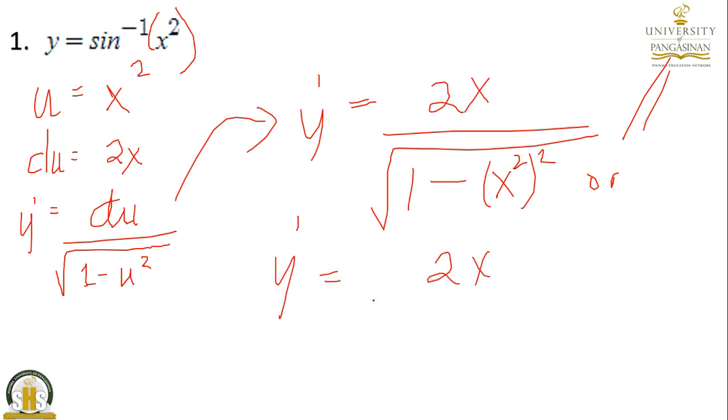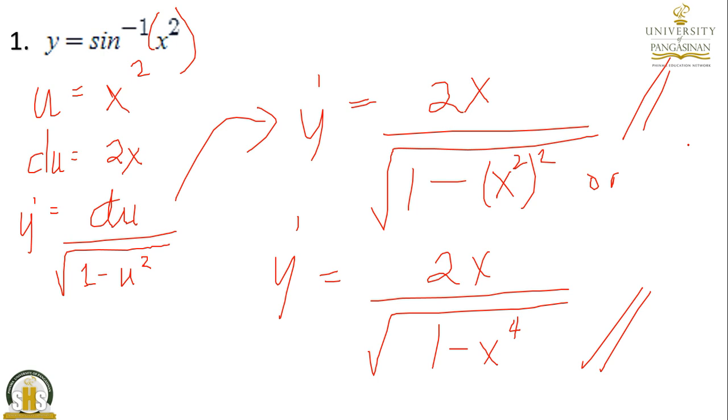So, 2x all over square root of 1 minus x raised to the 4th power, or x to the 4th, because 2 times 2 is 4. So, pwede yung nasa taas, pwede rin yung nasa baba. Okay, so this is for number 1. Kung ano yung ginawa natin nung last discussion, ganun lang din yung process. Same lang din yung gagawin, pero ang pinagkaiba nila ito inverse. So, yung inverse may sariling formula. Yung trigonometric functions may sarili ding formula, no?